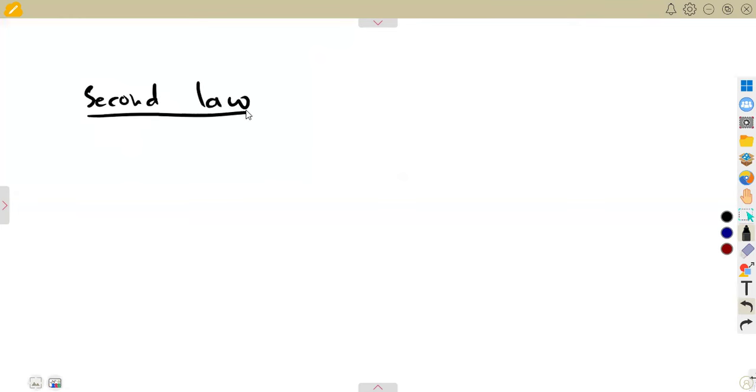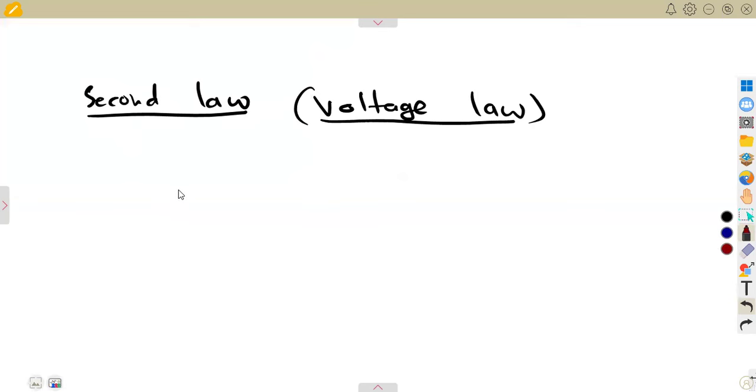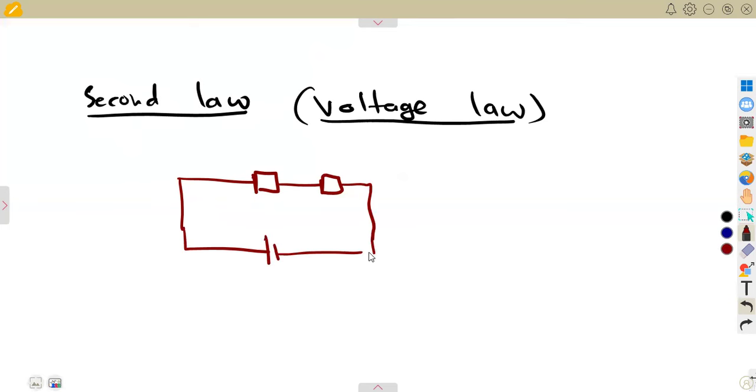So the second law is considered as the voltage law. So what is it that you're considering about the voltage? Considering a closed loop where we are given resistors in a closed loop, right? We've got a certain voltage, and this is a closed loop where you're given resistor 1, resistor 2, and there's a current that is flowing and having a total voltage or the total EMF of the circuit.